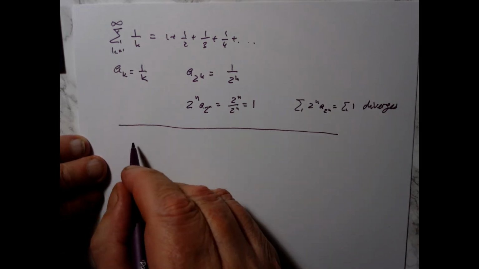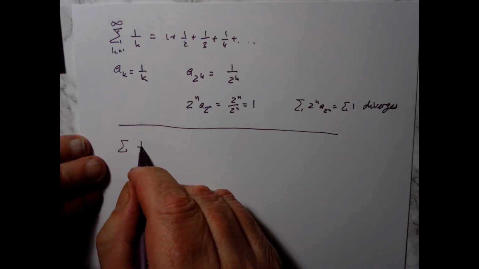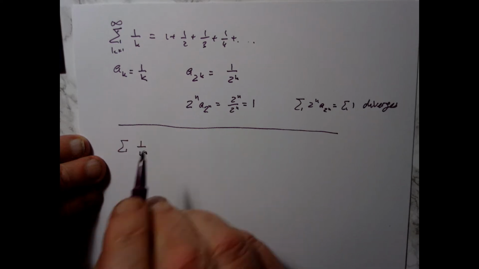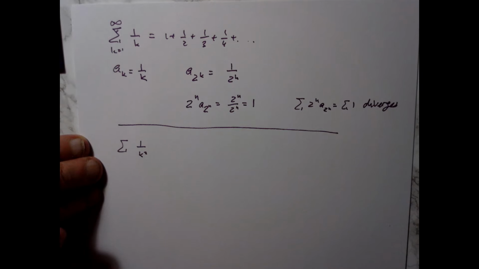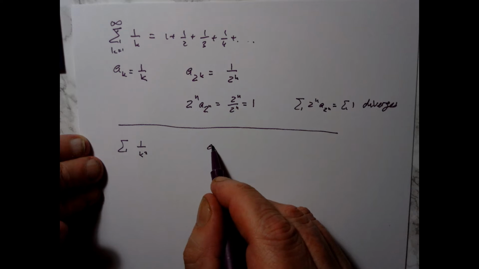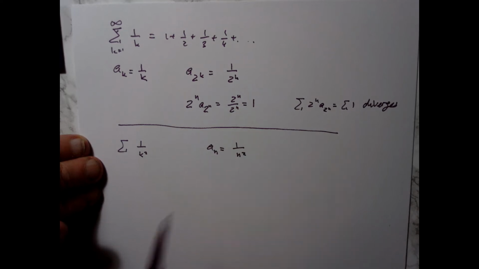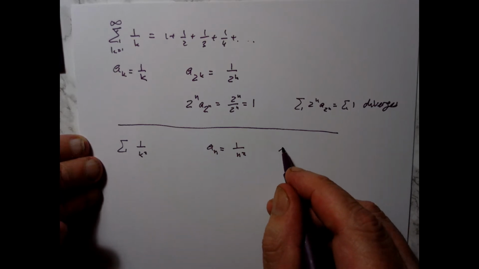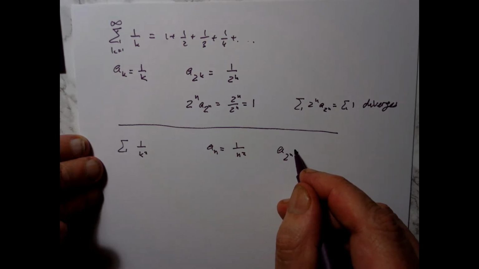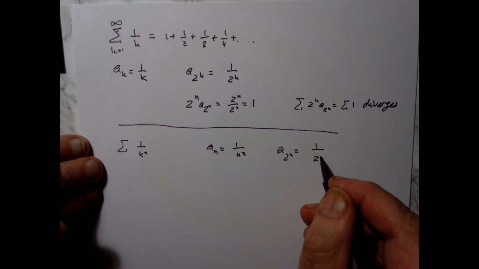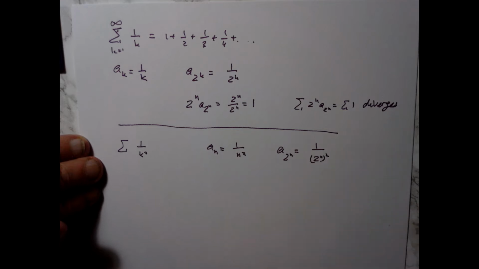Now, on the other hand, let me try, for instance, the sum of 1 over k squared. And again, you probably know from Calculus 2 that this series converges, and this time we are going to deduce it from the theorem that we just proved. So in this case, my terms, an, is equal to 1 over n squared. So a sub 2 to the n is equal to 1 over 2 to the n squared.